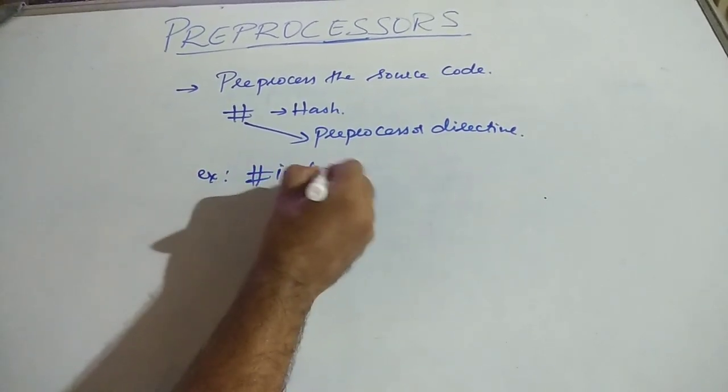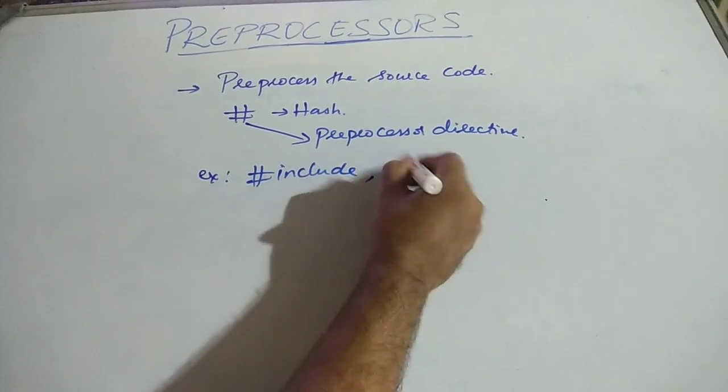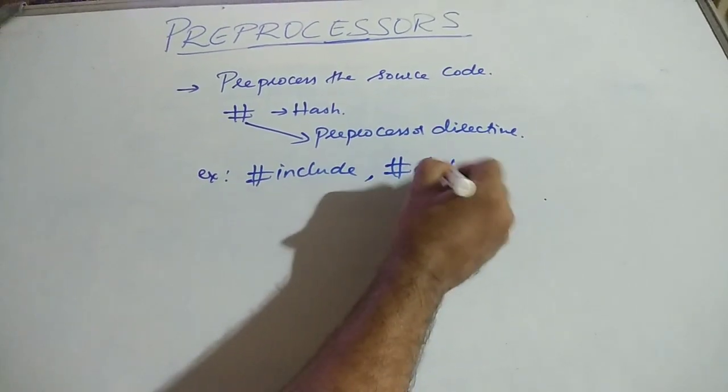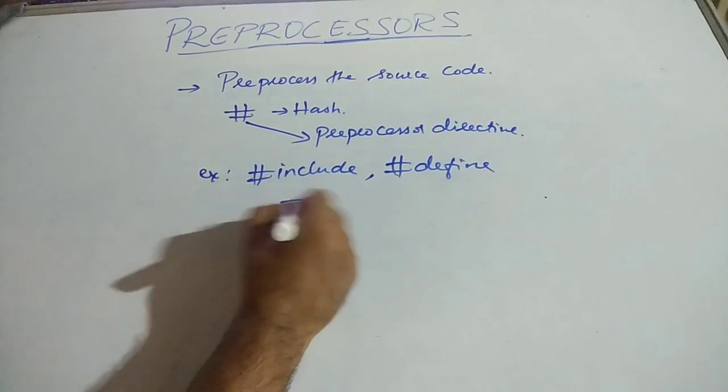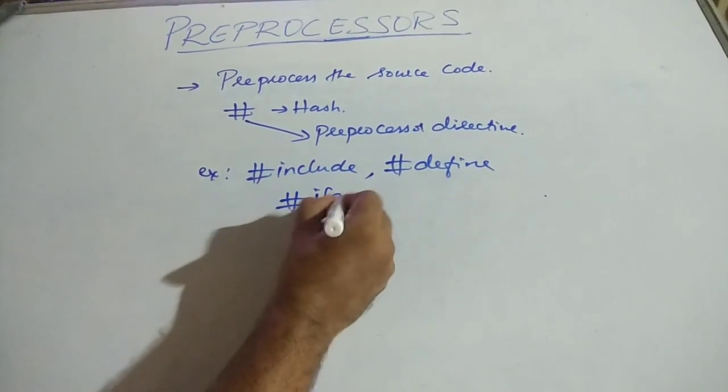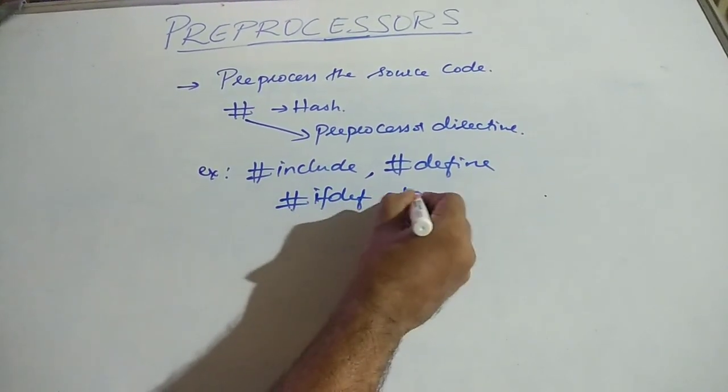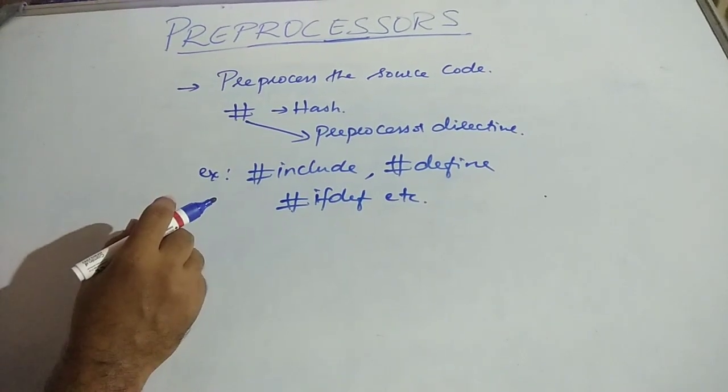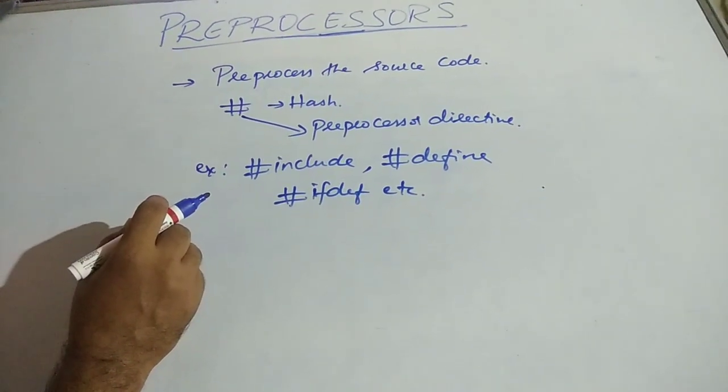Some of the preprocessor directives are #include, #define, #ifdef, etc. So these are some of the preprocessor directives. Is it clear?